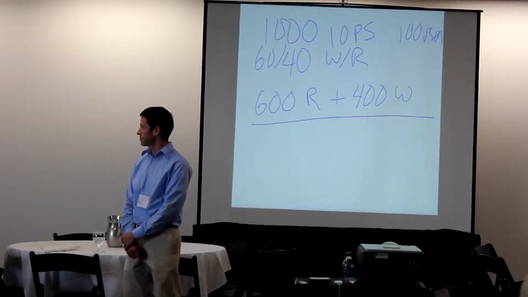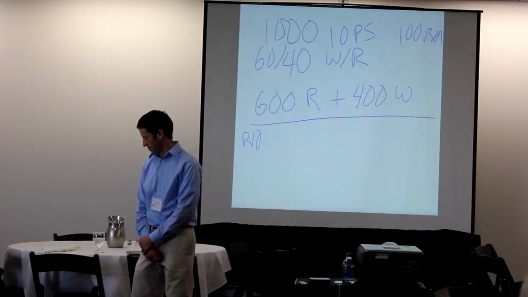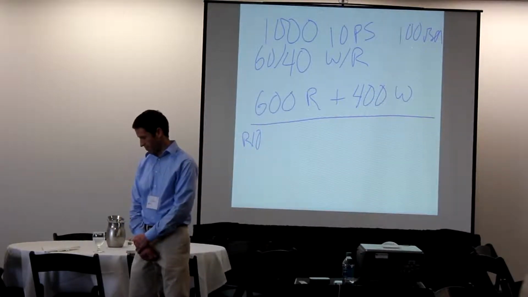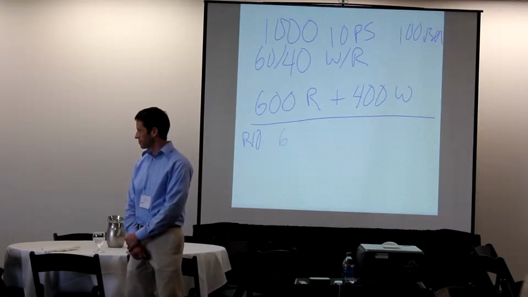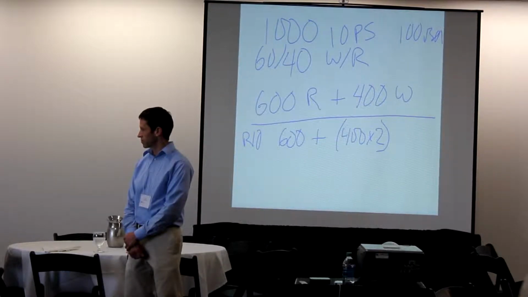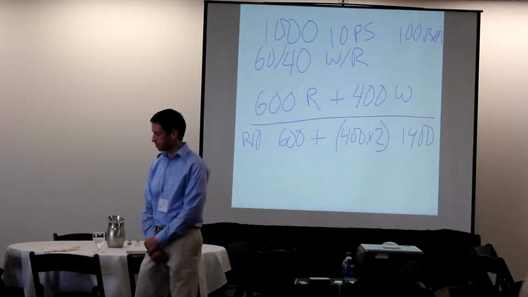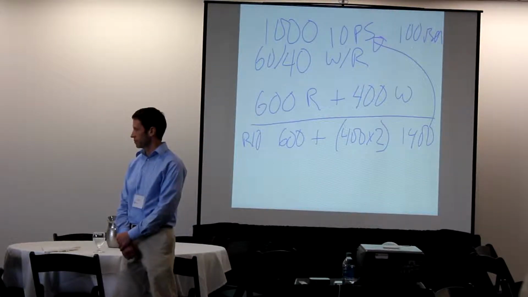If your RAID set is RAID 10, your actual I/O load on the SAN would be 600 plus 400 times 2, because RAID 10 is double writes. So that's 600 plus 800, that's 1,400 IOPS needed to provide 1,000 IOPS on the front end.